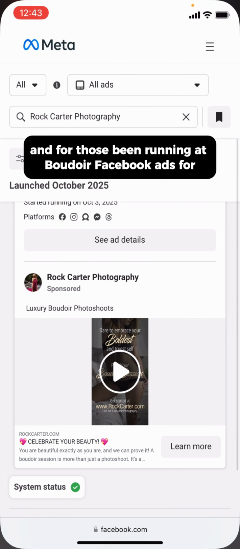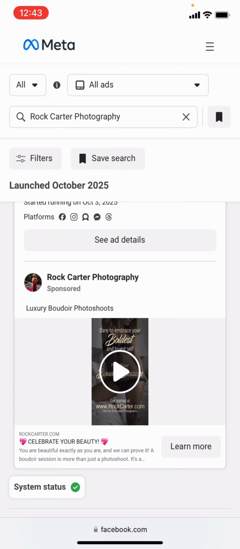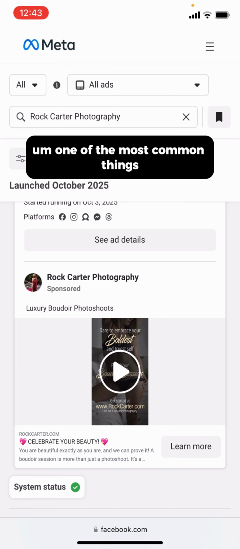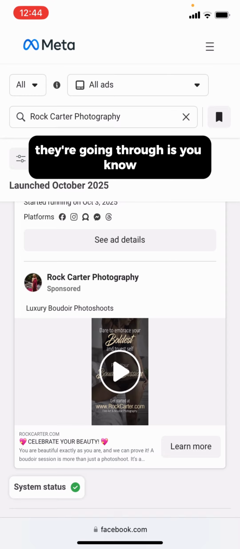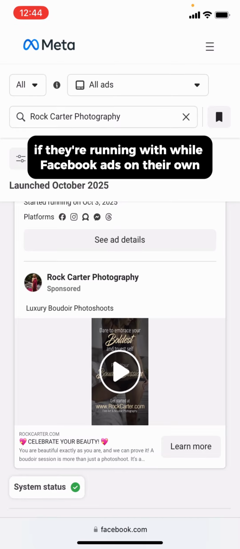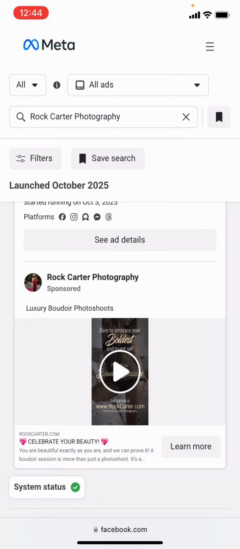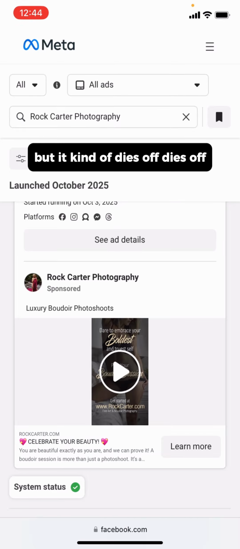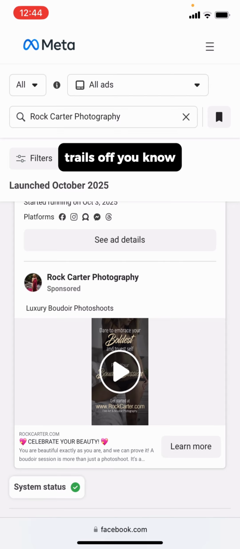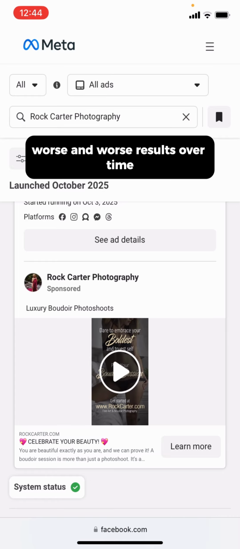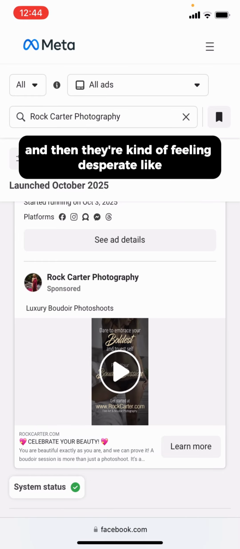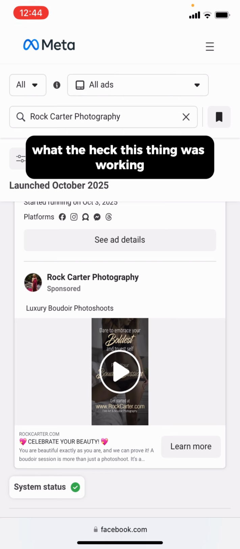And for those who've been running boudoir Facebook ads for a long time, one of the most common things they go through, if they're running boudoir Facebook ads on their own, is that the ad starts out good, but it kind of dies off, trails off, lower and lower sales over time, worse and worse results over time. And then they're kind of feeling desperate, like, what the heck, this thing was working.